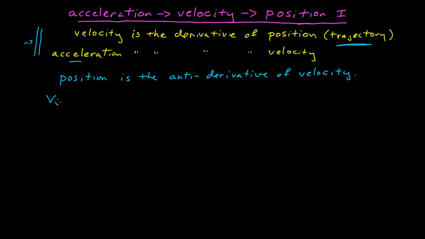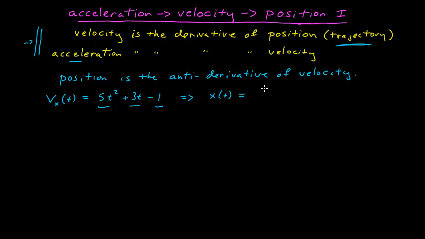In one dimension, let's say the x component of the velocity as a function of time is given by 5t squared plus 3t minus 1. So if I want to find the antiderivative of this, I need to find the antiderivative of each of these polynomial terms, and hopefully you've done that before in calculus.